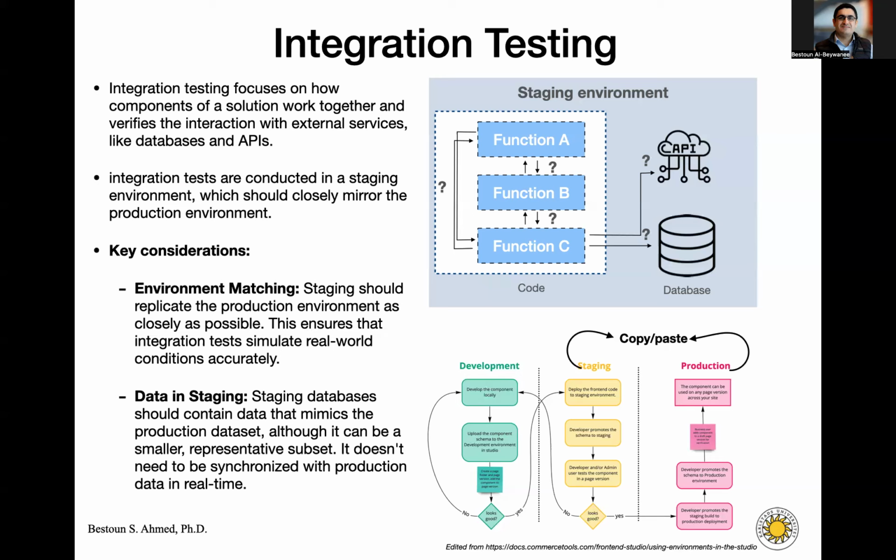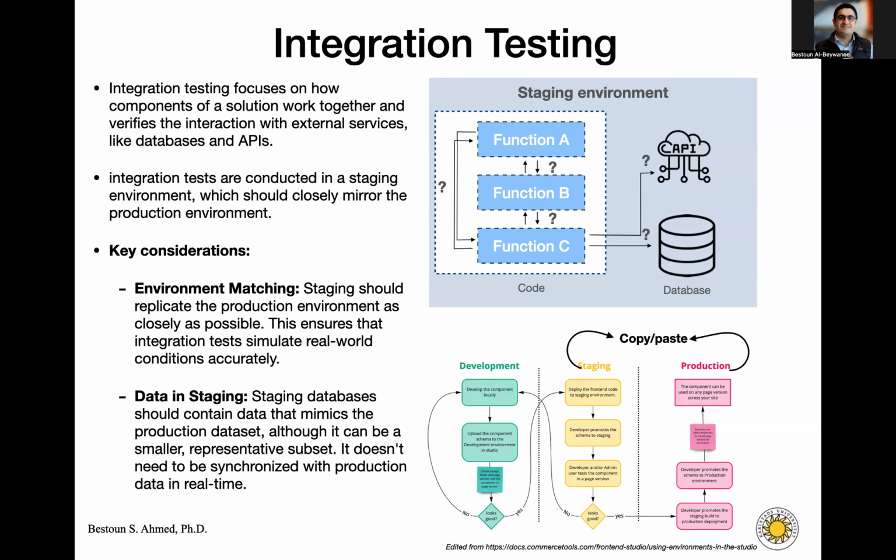In order to do this integration testing, we need environment matching. That can be done through the staging that we mentioned, which replicates the production environment as closely as possible. And the database in staging should contain data that mimics the production data set.